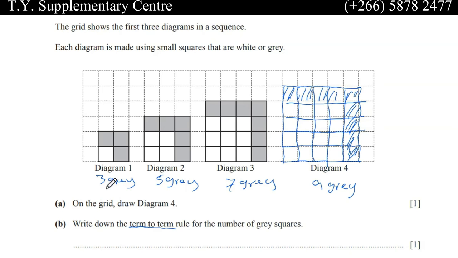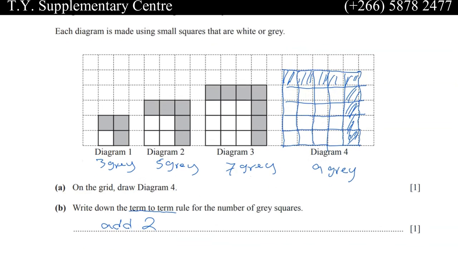So for the term to term rule, in the first diagram you have 3 gray, the next diagram 5 gray, the third diagram 7 gray, and the fourth diagram 9 gray boxes. From 3 to 5 you add 2, from 5 to 7 you add 2, from 7 to 9 you add 2. So for the rule, just write add 2. That is, you add 2 to the number of gray boxes that you're looking at to get the next number of gray boxes in the following diagram.